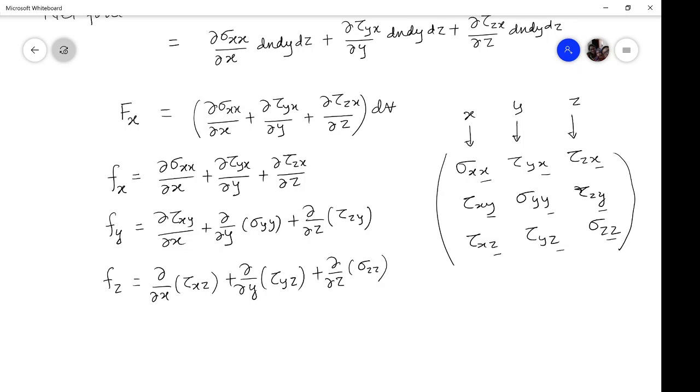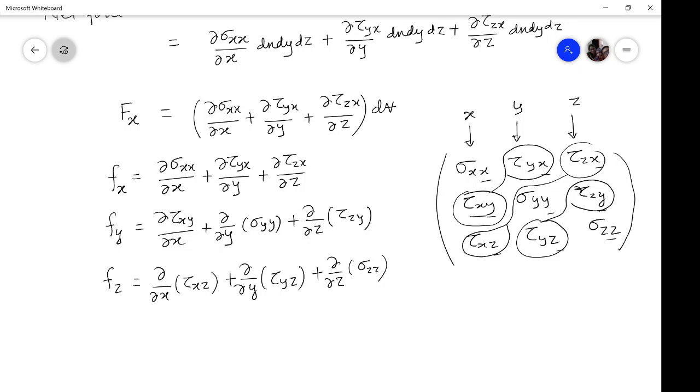And one more thing which you should understand here, and you might have also gone through this in your strength of materials course, is that this is a symmetric tensor. That means this term and this stress will always be equal.